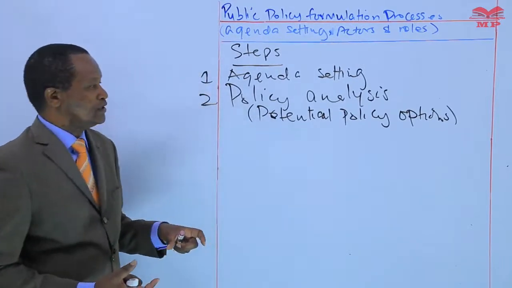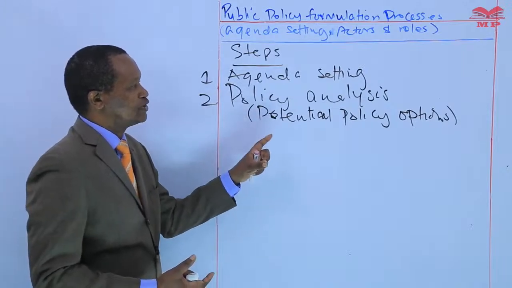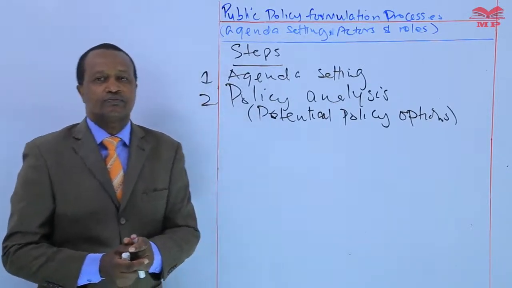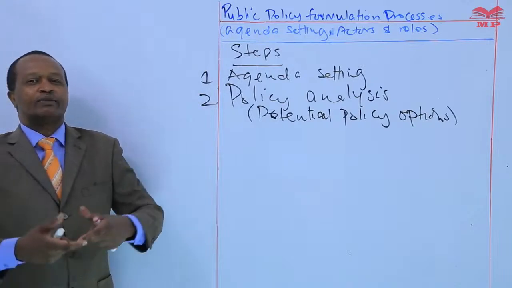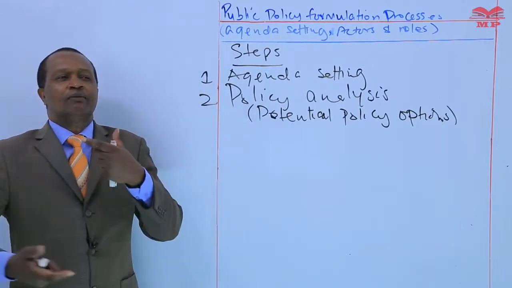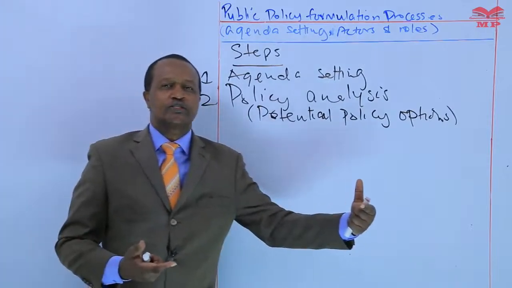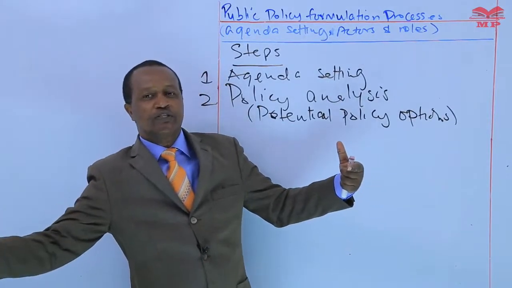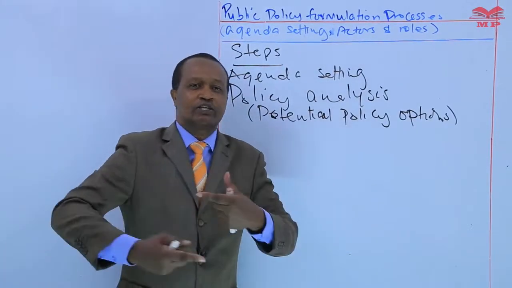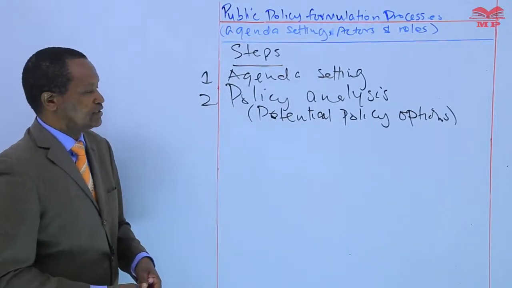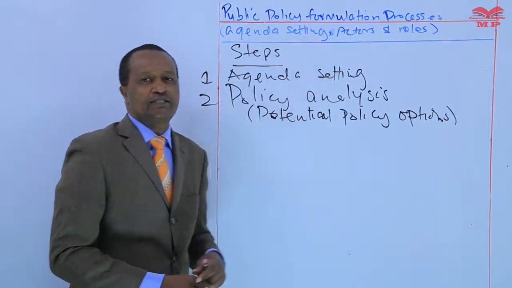So the second step is to analyze the potential policy options. That may involve considering various policy instruments, examining the costs vis-a-vis the benefits of different options, and also assessing the political feasibility of different approaches. Policy analysis.